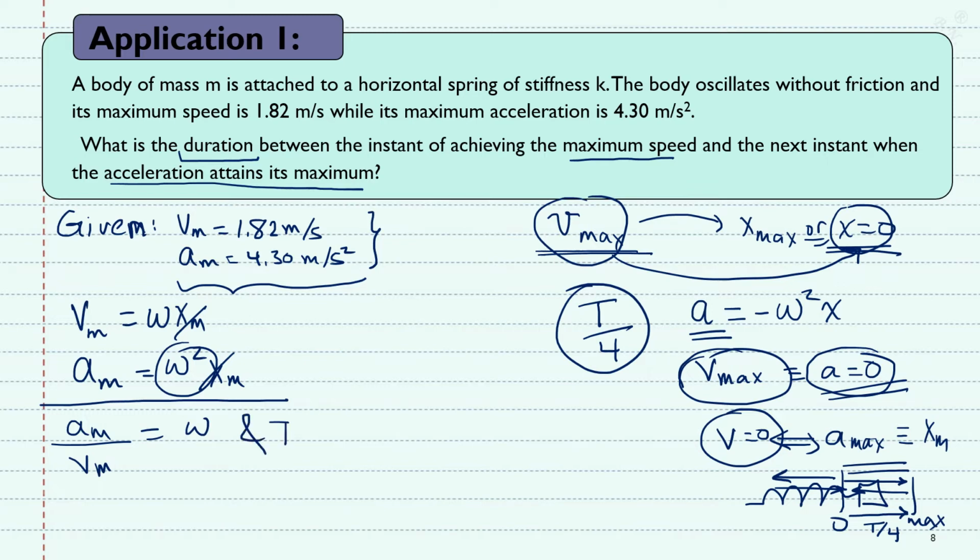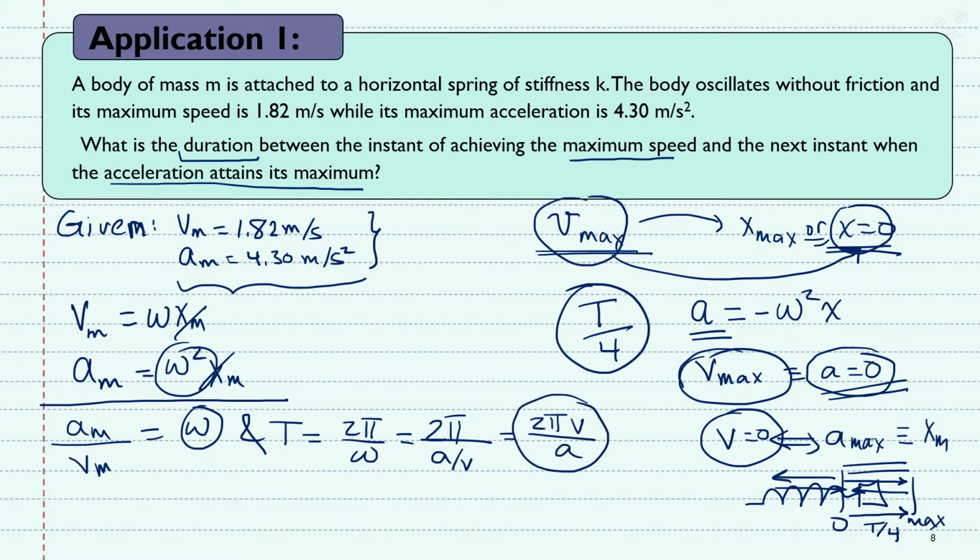And period equals 2 pi over omega. It becomes 2 pi, omega is in the denominator, so over A over V, which is 2 pi V over A. We are almost there.